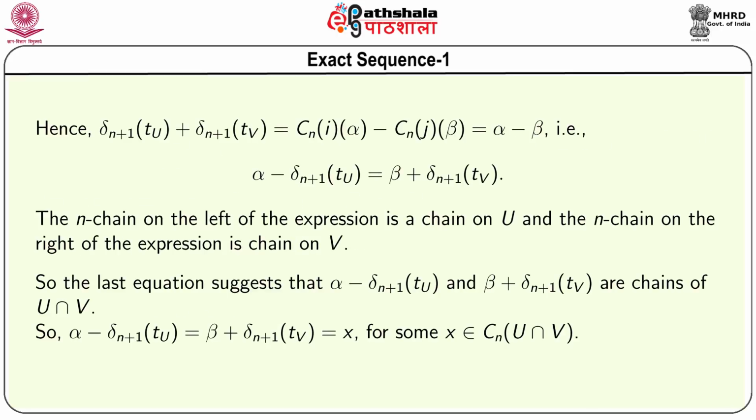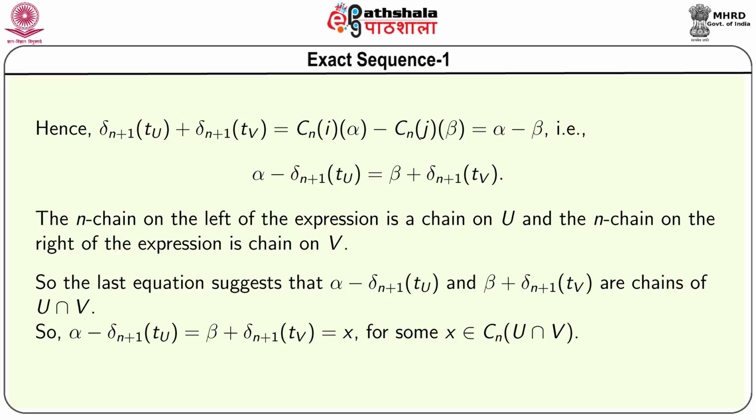Hence, delta n plus 1 of t u plus delta n plus 1 of t v is equal to C n i of alpha minus C n j of beta, and that is equal to alpha minus beta. From this we get alpha minus delta n plus 1 t u is equal to beta plus delta n plus 1 t v. Now, the n-chain on the left of the expression is a chain on U, and the n-chain on the right of the expression is a chain on V.